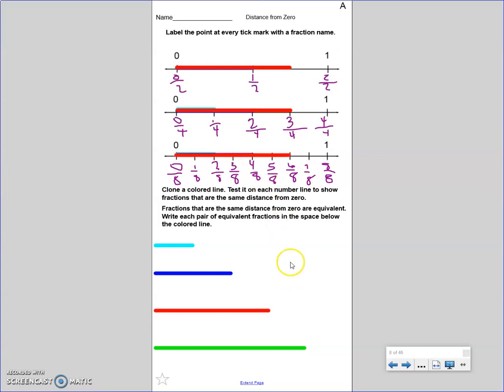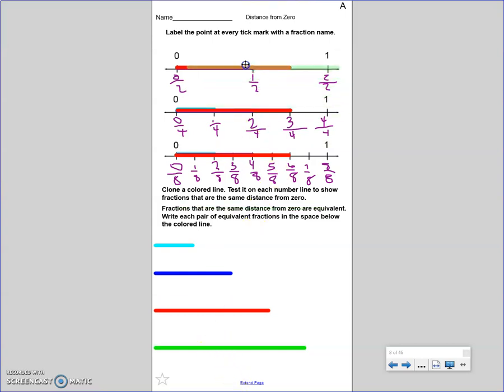Which fractions can we see are equivalent because they cover the same distance from 0? I respectfully agree. There are no fractions on this number line with halves that are represented by this red line. However, we can see that 3/4 and 6/8 are equivalent because they are both the same distance away from 0.